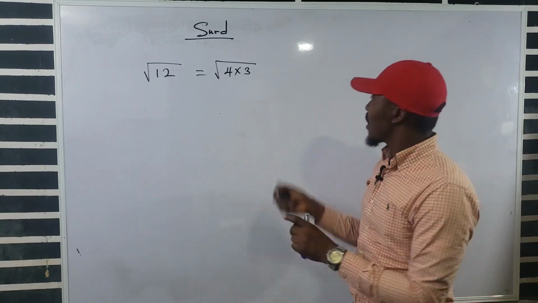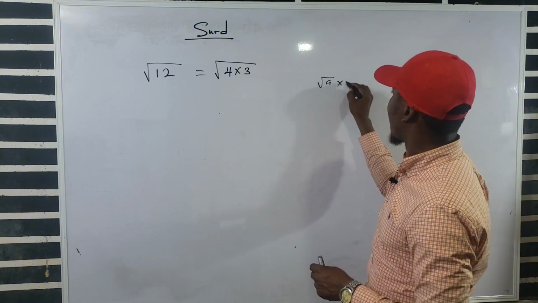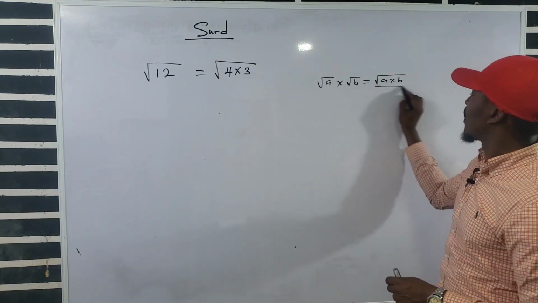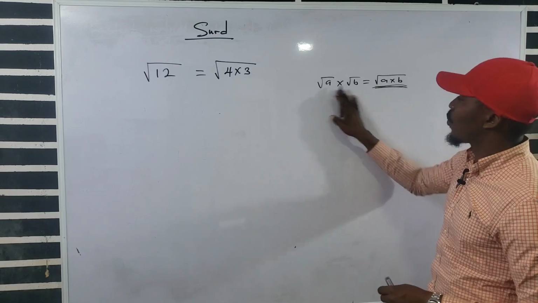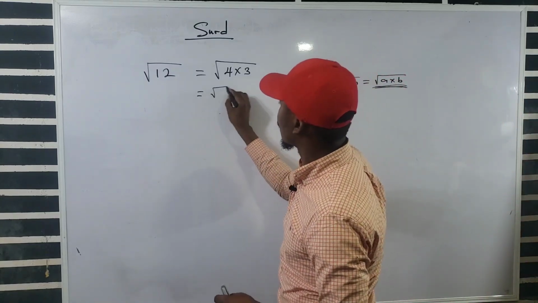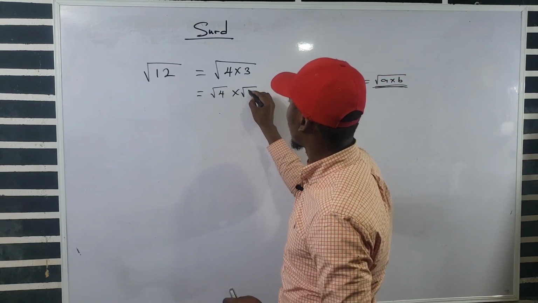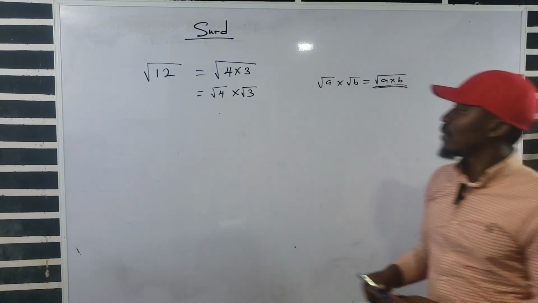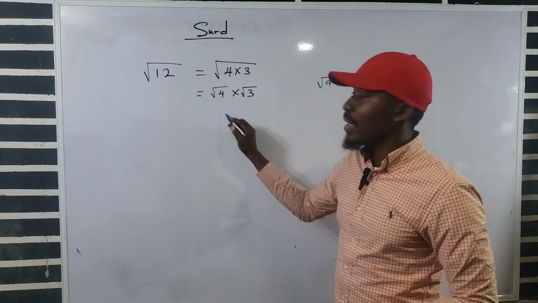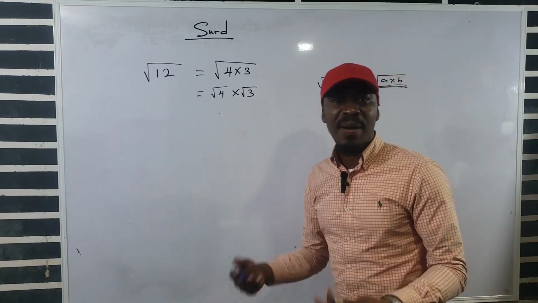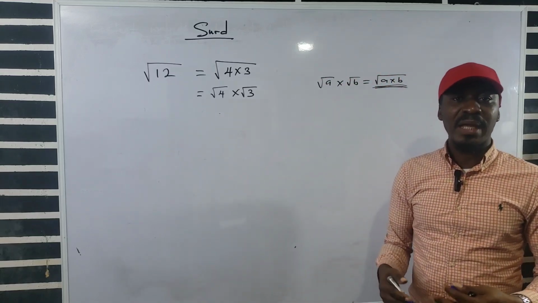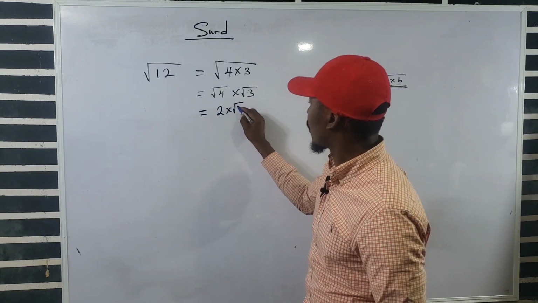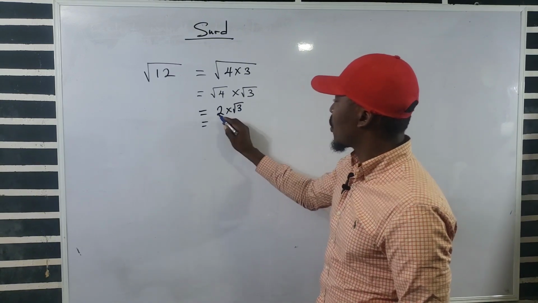Now the next thing is to separate this, obeying the rule of surds. The rule of surds says that square root of A times square root of B is the same thing as square root of A times B. So this is equal to square root of 4 times square root of 3. Square root of 4 is a perfect square, so we can have a number that is square root of 4, which is 2, times square root of 3.